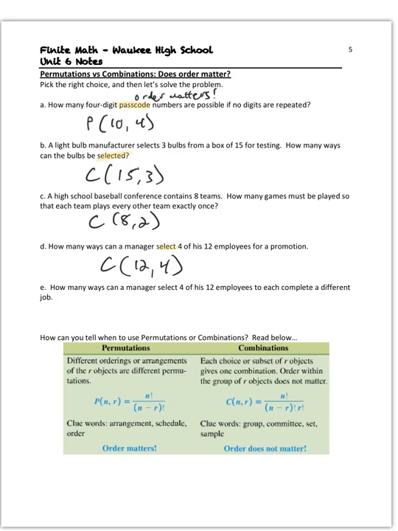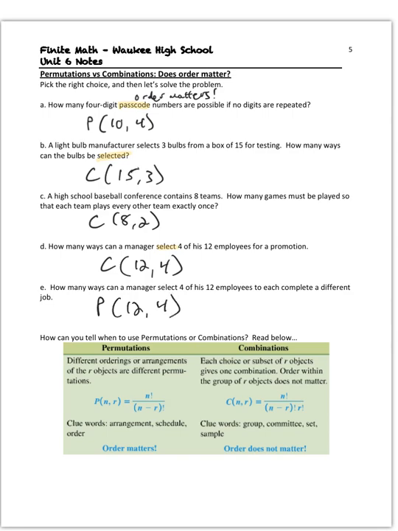All right, now for the last one we have here, it's going to be, how many ways can a manager select 4 of his 12 employees to each complete a different job? Well, now that's a little bit different because if they're completing different jobs, then that's something that I'm going to have to think about in terms of maybe me doing one specific job is different than me doing something else. So this would be a permutation of 12 things taken 4 at a time.